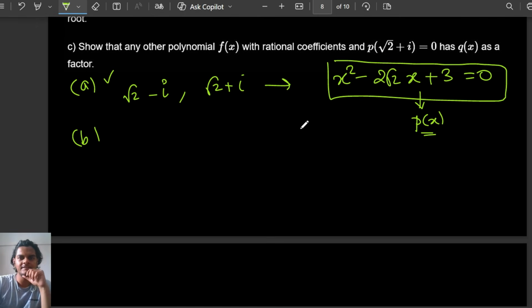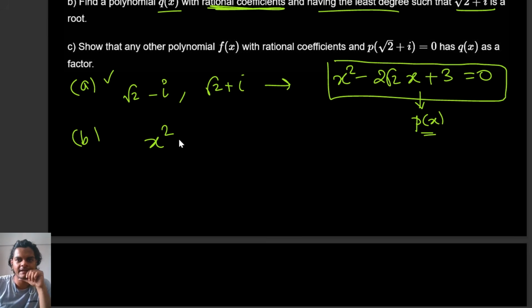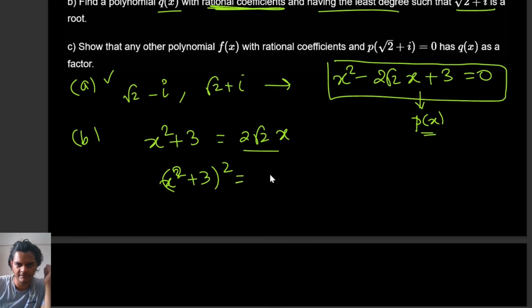So one thing is we can have x square plus 3 written as 2 root 2 x, and we can say that if I square the whole thing, this becomes rational, right? So x square plus 3 whole square is equal to 2 root 2 x whole square. This happens to be 4 times 2, that is 8x.